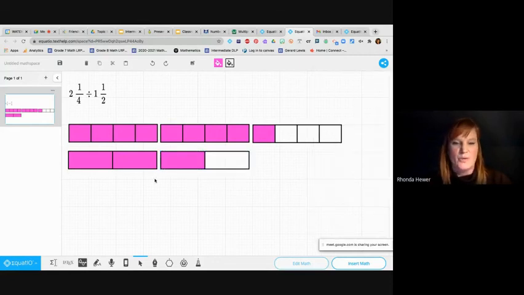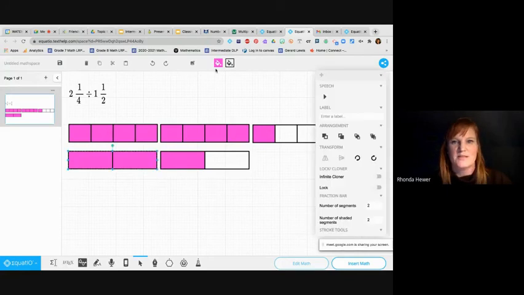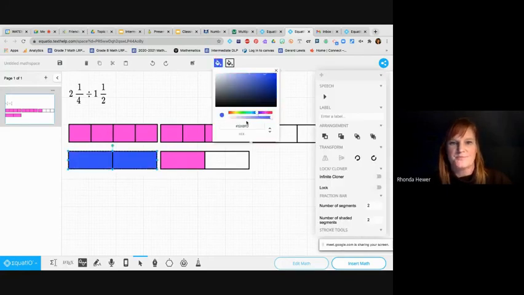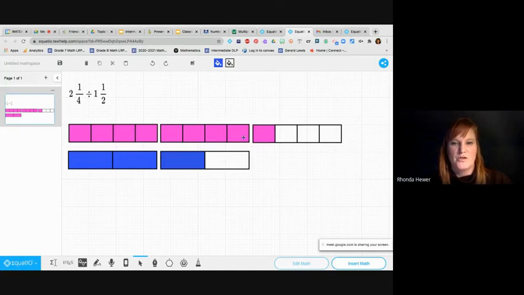Okay, so my question is how many times, let me change the colors for us talking, how many times does this blue go into the pink, right? Everybody clear on that? Okay, I can see it goes in once.